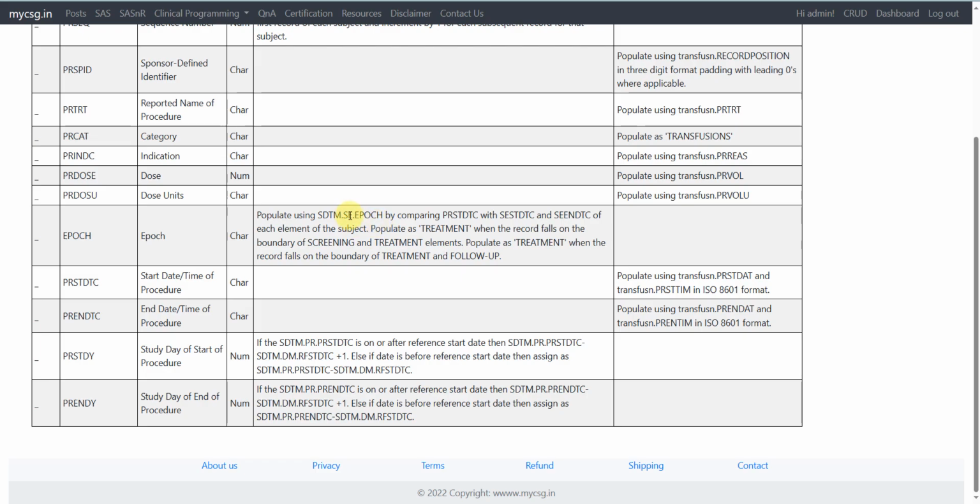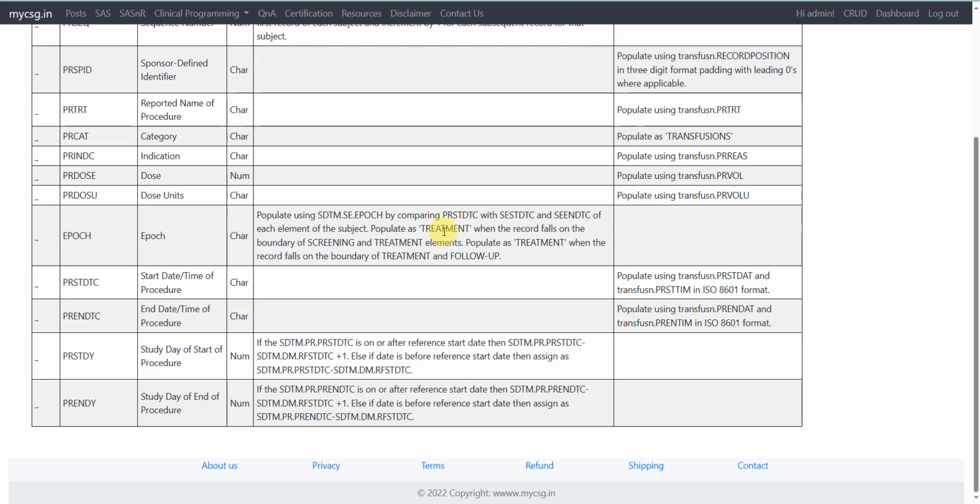We know that in SC dataset the record structure is one record per element and there would be no gaps between two elements, which means the end date of one element will be the start date of next element. So the boundary for treatment could be present between screening and treatment and follow-up. So when the record is falling on the boundary of screening and treatment, we are being asked to populate as treatment.